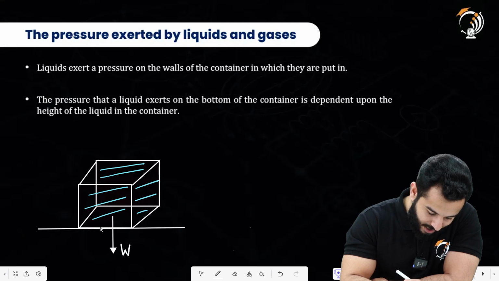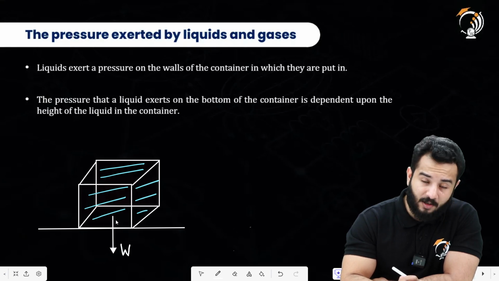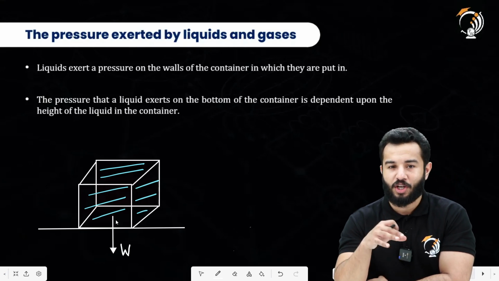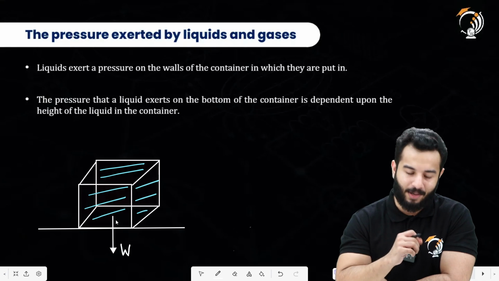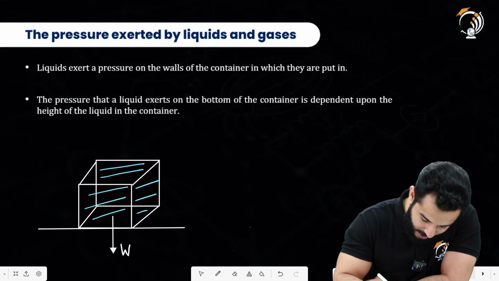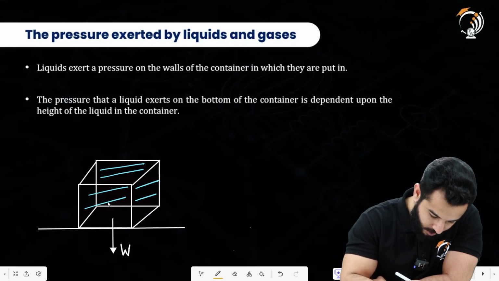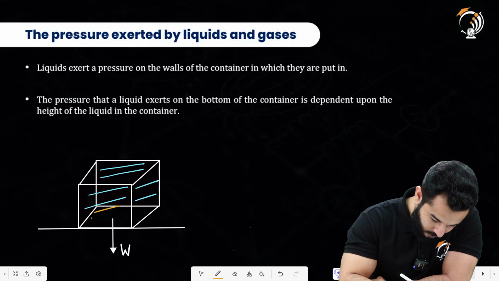If I ask you about which area this weight is being applied, you're going to say it is being applied along this area. I'm going to mark it for you. So this is the area that we are talking about.